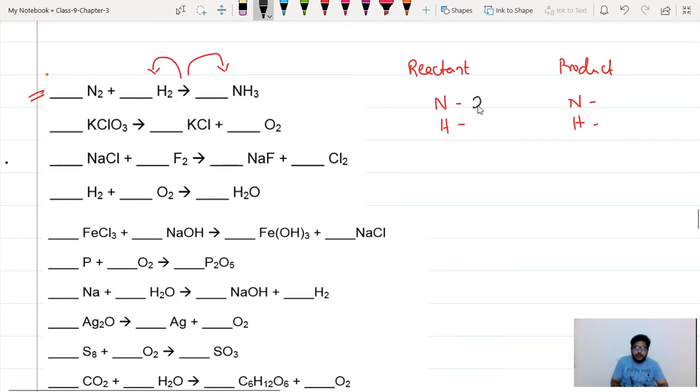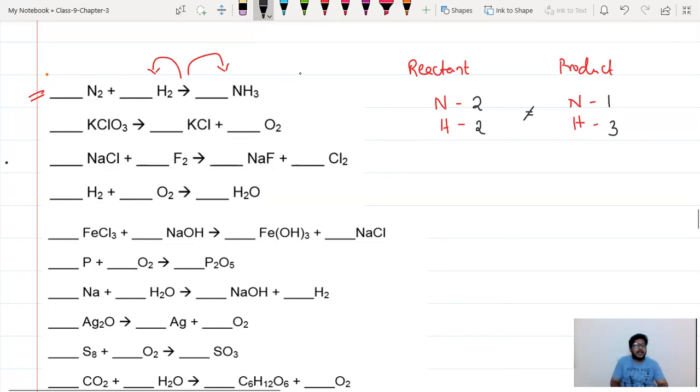So 2, and for hydrogen the subscript is 2. On the product side, before nitrogen and at the subscript we don't have any number, so 1, and for hydrogen we have 3. Now 2 here and 1, 2 here and 3. Both are not equal, so it is not satisfying the law of conservation of mass.